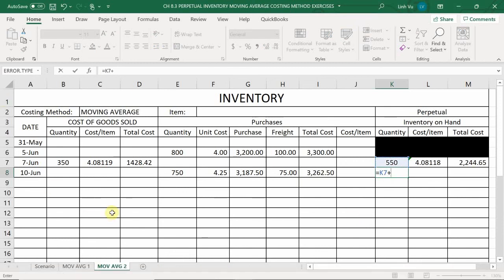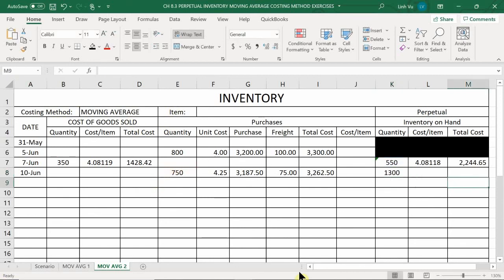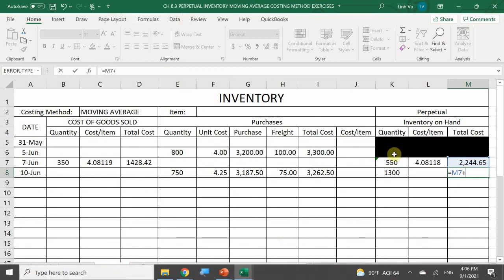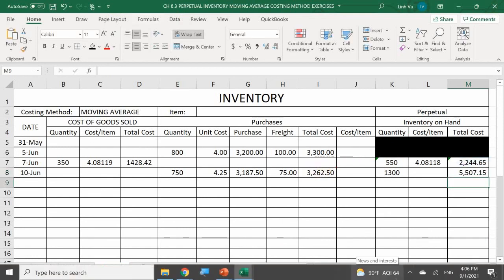550 plus 750 gives me a total of 1,300. Okay. 2,244.65 plus my 3,262.50 should be equal to 5,507.15.